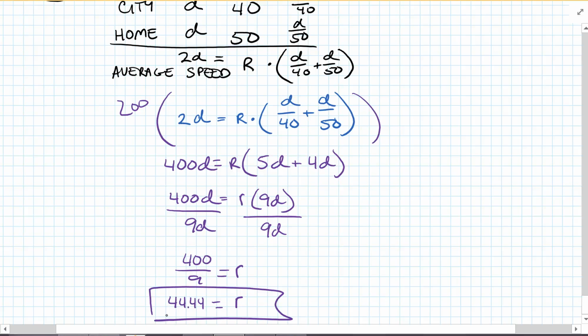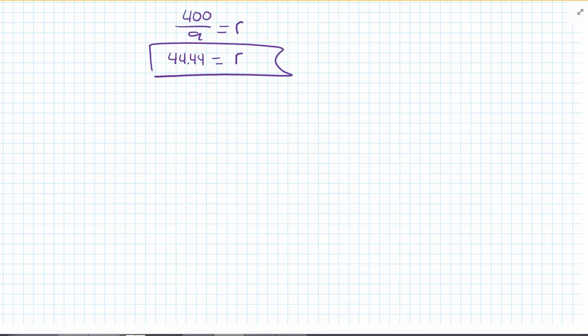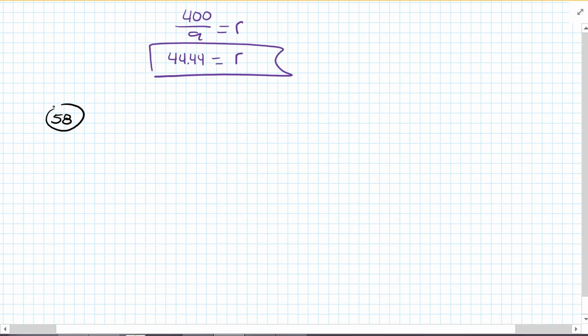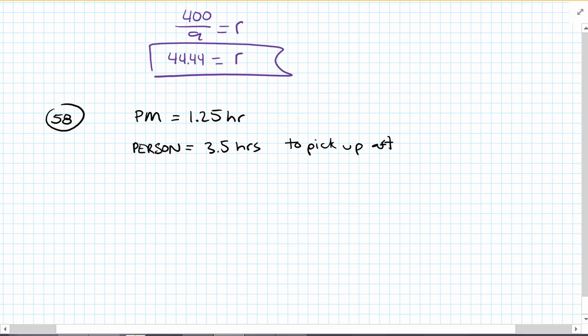All right. Last question. This one's kind of a think about it deal. 58. An average pitching machine can pitch its baseballs in 1.25 hours. All right. It can empty the cage. It takes an attendant, it takes a person 3.5 hours to pick up after one machine.